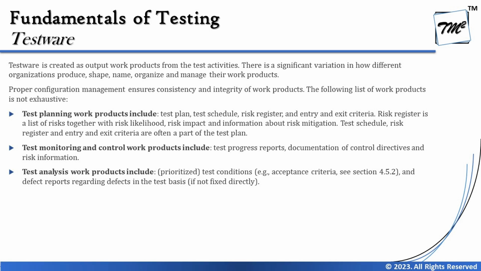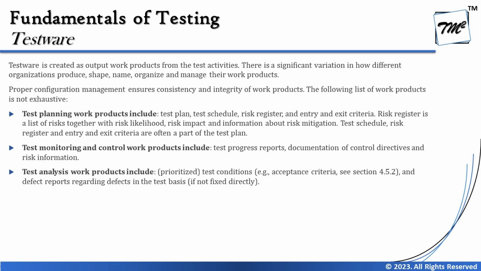To kickstart, the very first thing is of course the planning phase. As part of the planning phase, the work products which we generally create are the test plan, test schedule, the risk register, which means the risk analysis outcomes, and entry and exit criteria, which are very commonly created as documentation as part of test planning.